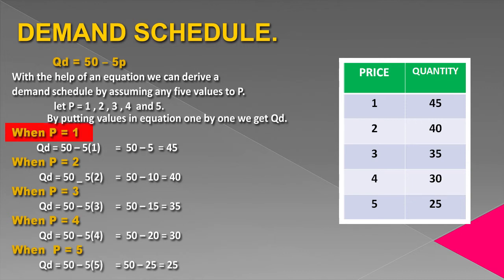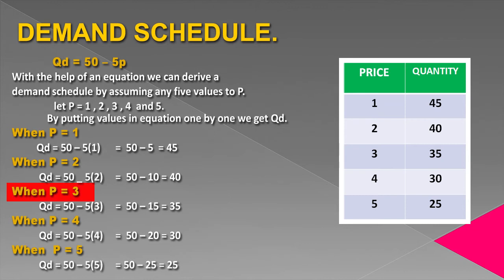When P equals 1, quantity demanded equals 50 minus 5 into 1, equals 50 minus 5, equals 45. When P equals 2, quantity demanded equals 50 minus 5 into 2, that will be 50 minus 10, equals 40.